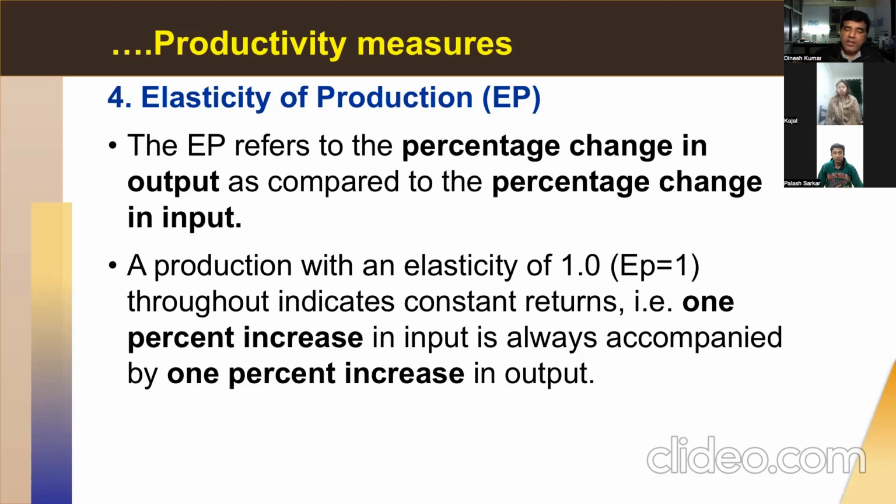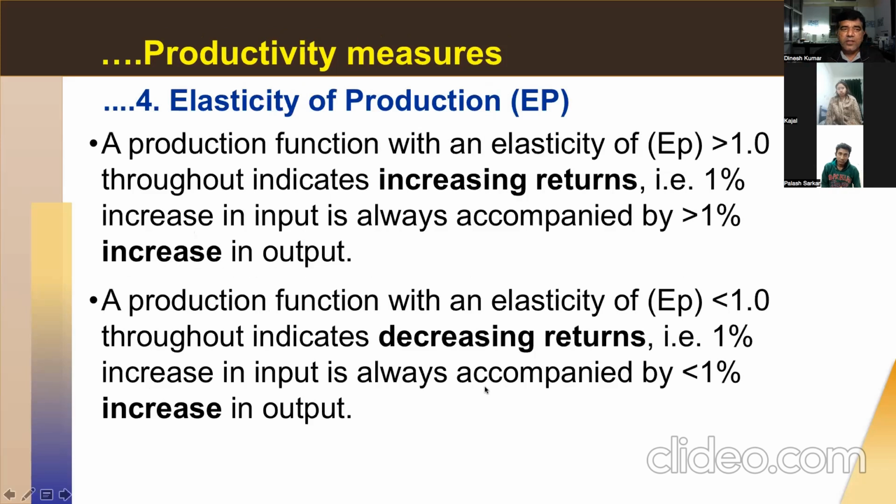For example, if elasticity of production is 1, then it indicates constant return. Return means a 1% increase in input is always accompanied by a 1% increase in output. Now, if a production function has an elasticity of more than 1 throughout, it indicates increasing return.